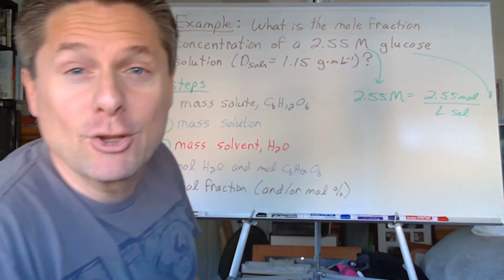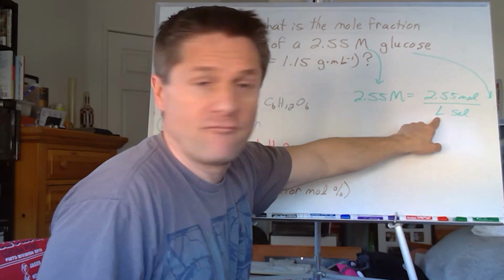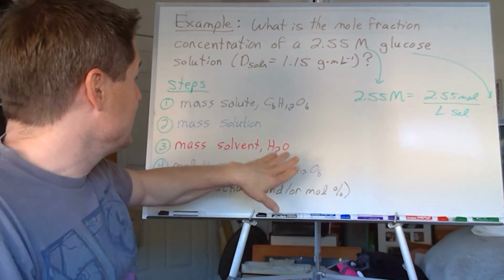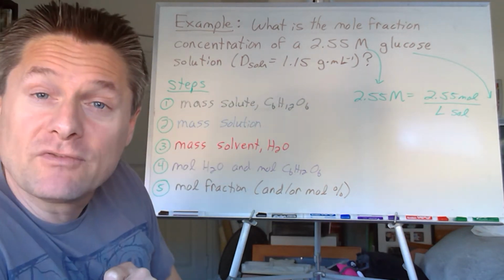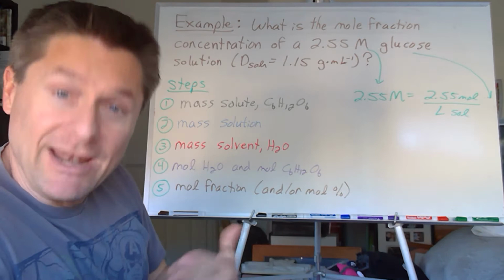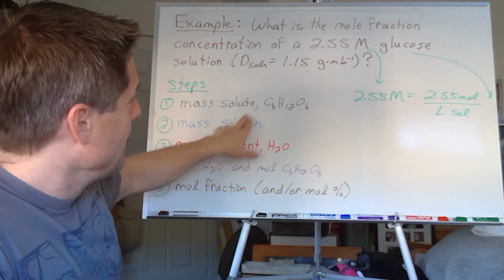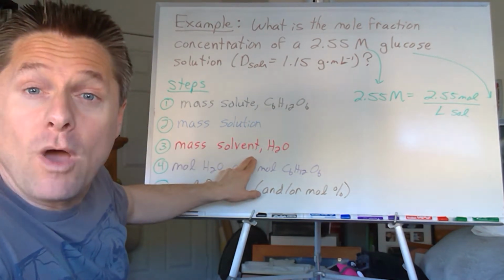I don't have room to write glucose there. All right, so we've got 2.55 moles of glucose per exactly 1 liter of solution by definition. So we can take that liter of solution and its density and find out the mass of the total solution, right? So now we want to extract the mass of the solvent from that. So just take the mass of the solution minus the mass of the solute, you will get the mass of the solvent, water in this case.